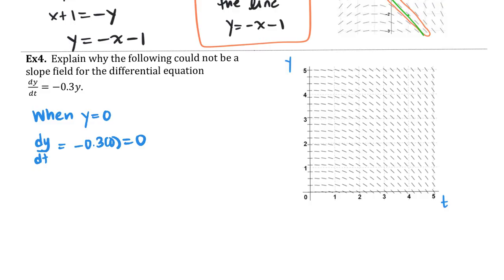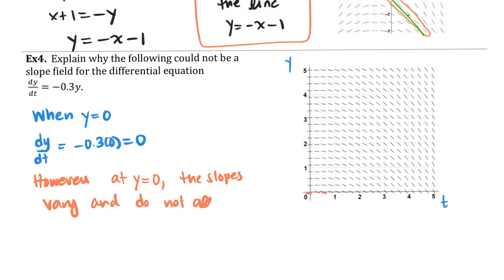That seems reasonable. However, when I look at this, I see that this one's 0, but this one's not. At y equals 0, the slopes vary and do not all equal 0.